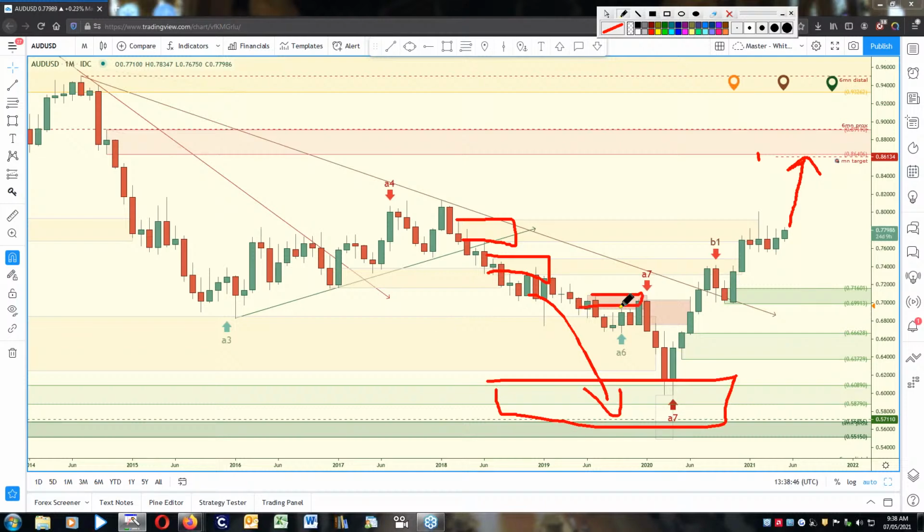No. They take them out. You see, all the way up, all the supply zones removed. What does that tell you? If price was going to drop, they would be using that supply to drop price. But they're not doing that. So what does that tell us? Likely price is going to continue higher.